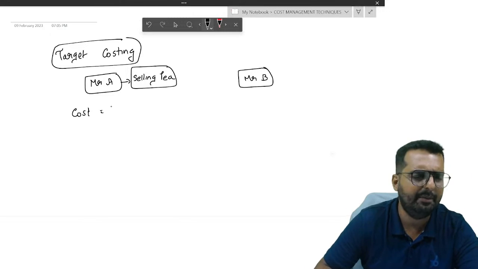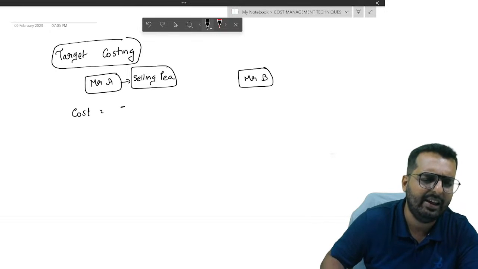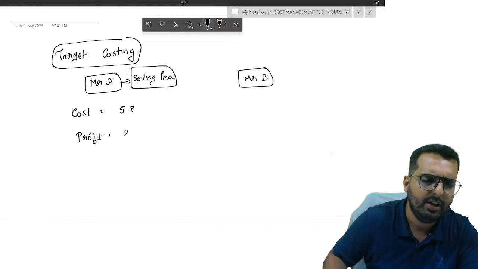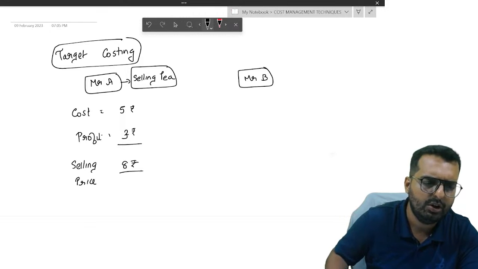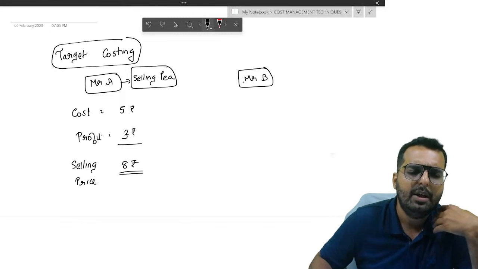Cost of making chai, milk, sugar, tea powder, rent, overhead, etc. is, let us say, 5 rupees. He will add a profit of, let us say, 3 rupees. And his selling price of the tea will turn out to be how much, friends? 8 rupees.